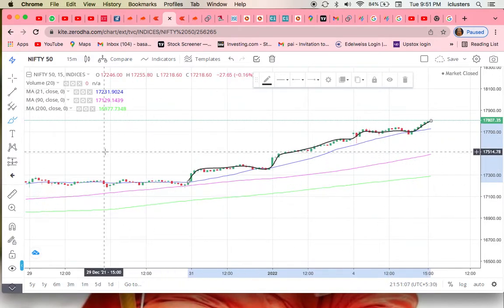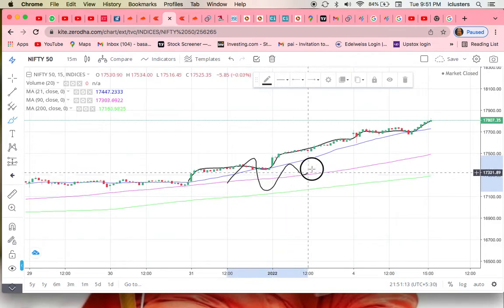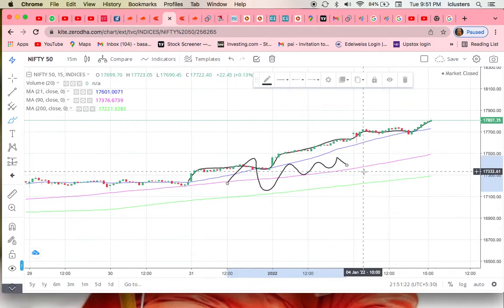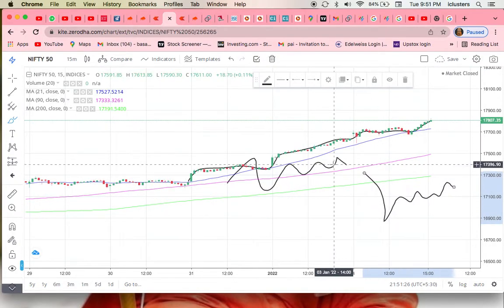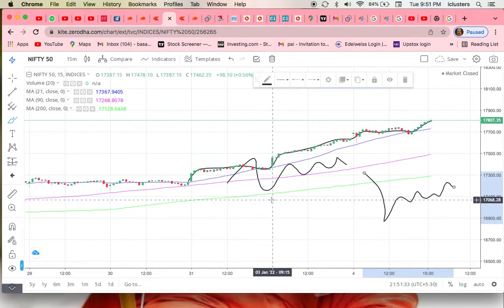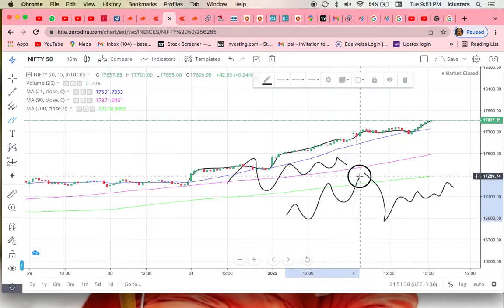For example, if you find the price is moving in between these moving averages, this is a consolidated zone. If the price is below these moving averages, like the 200 days, 50 days, 90 days and 20 days moving averages, this price is moving down from the moving averages, which means this is a downtrend or bearish trend.